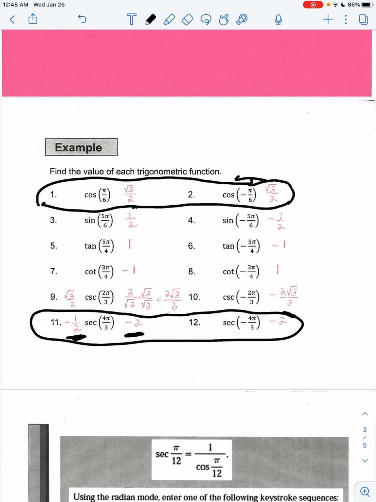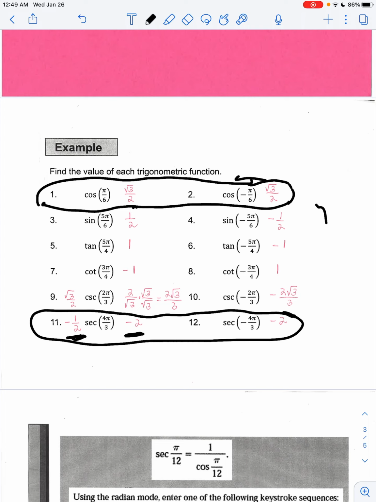But the secant of negative 4 pi over 3 would rotate clockwise and put you in quadrant 2, and it doesn't matter. The x-coordinate's negative there as well, and therefore would have to be -2. Both cosine and secant are even, so the outcomes have the same sign, same value.